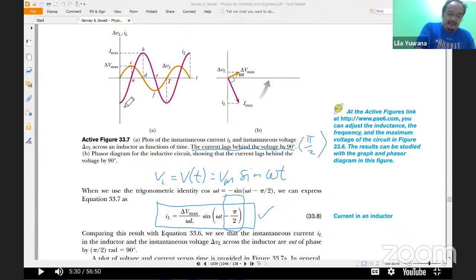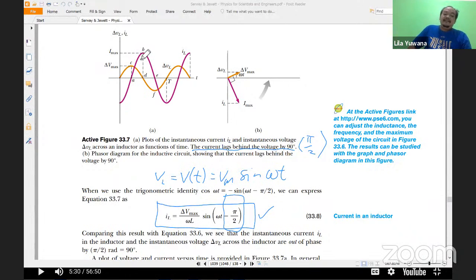But the current is still at the lowest point, and then the voltage reaches the maximum point here, but there is a lag for the current, and the time difference here is P over 2.